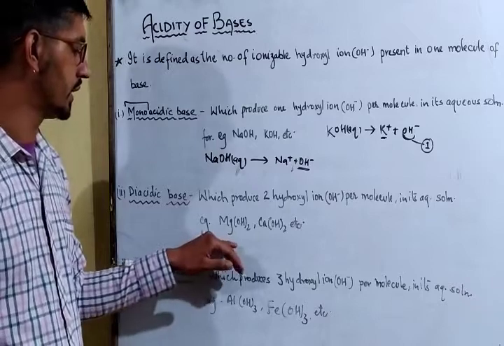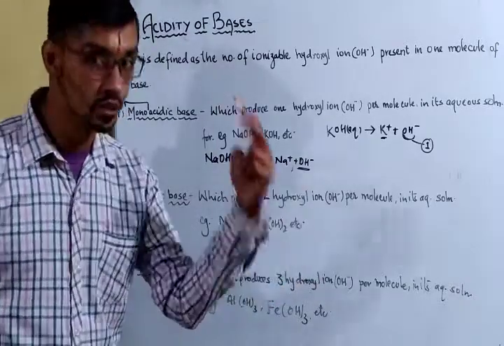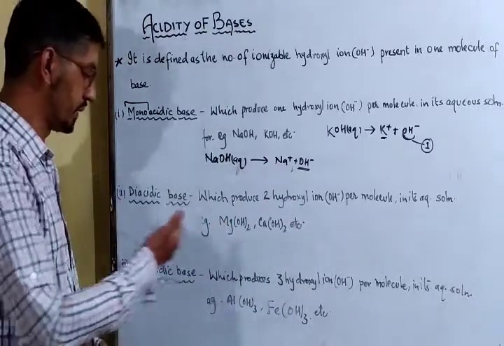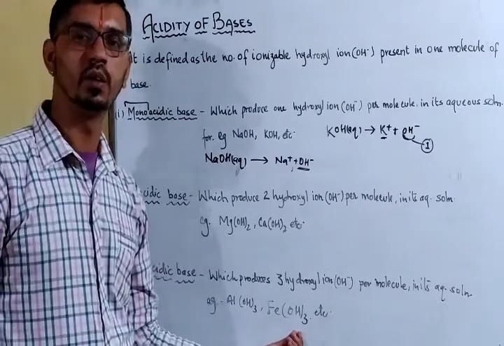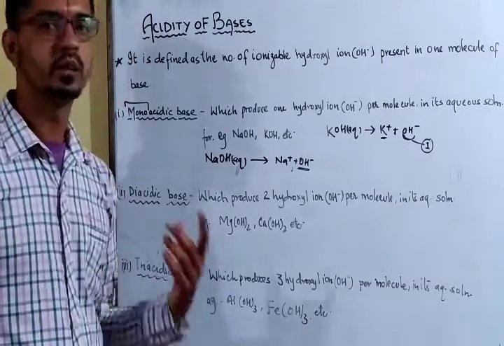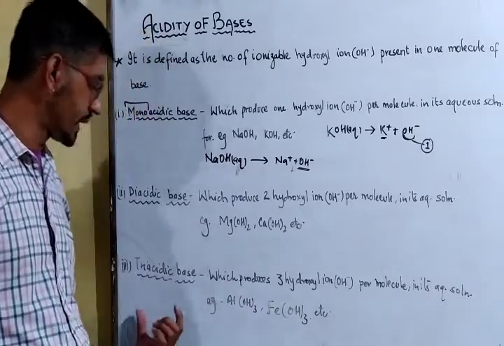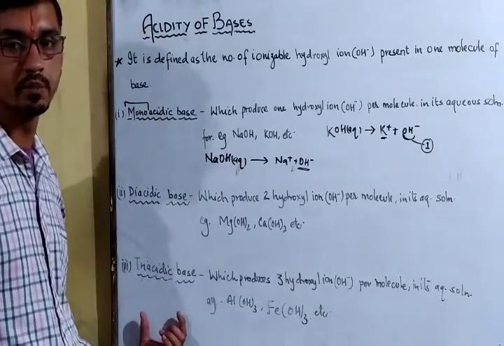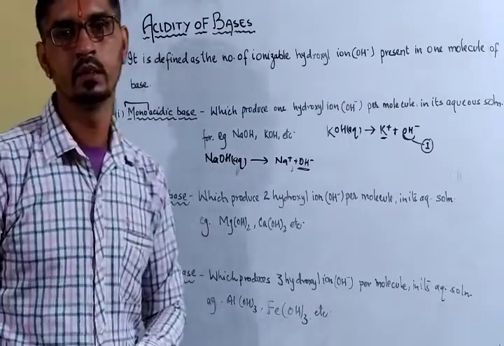Okay, so the acidity of magnesium hydroxide or calcium hydroxide will become 2 and they will be known as diacidic. And triacidic, it is having 3 on OH, so they will produce 3 hydroxyl ions, and the acidity of triacidic base will always be 3. Okay, so this is all about acidity of base.